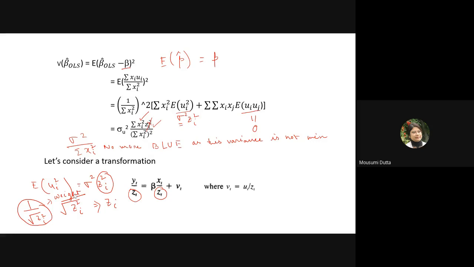We are considering this weight and multiplying the original regression by this weight. Any question?